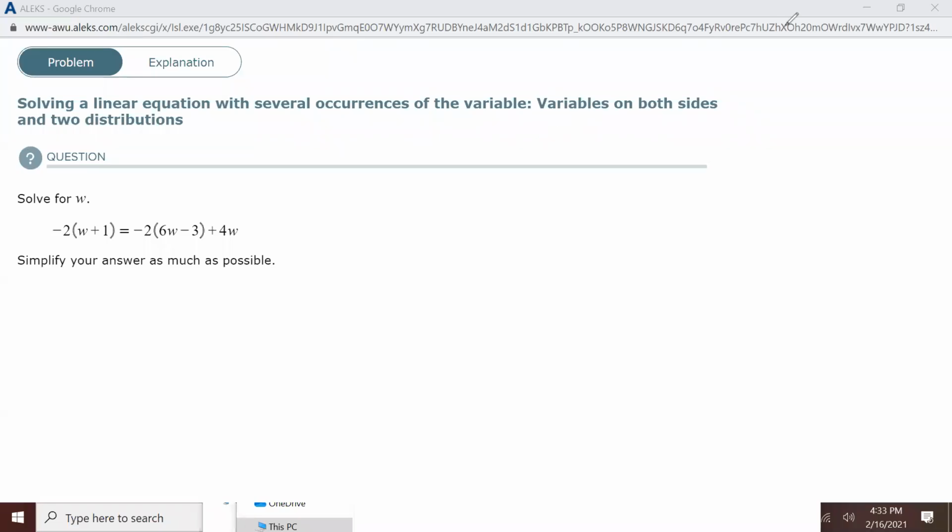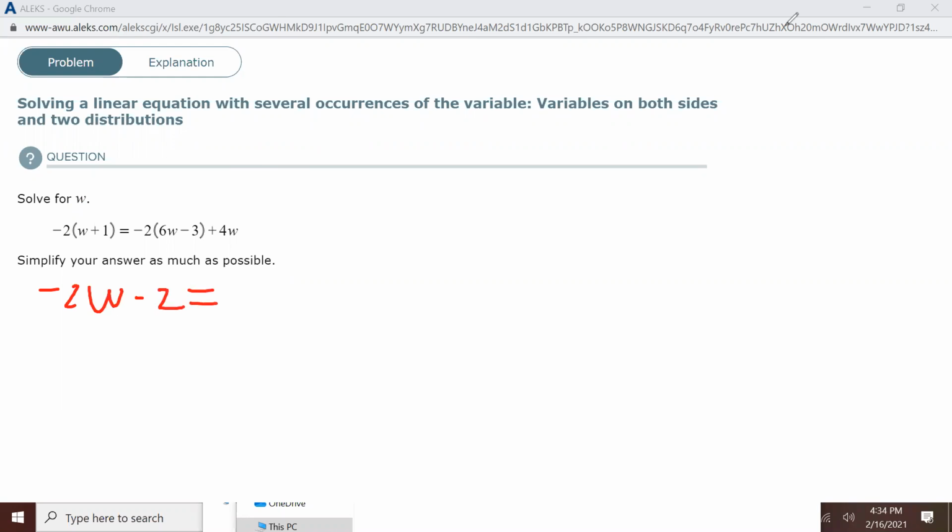In this problem, I need to first extract the variables from the parentheses. As long as the variable is inside the parentheses, I cannot solve for it. So I will begin by multiplying the negative 2 through to the w and the 1 on the left side of the equation, yielding negative 2w minus 2.